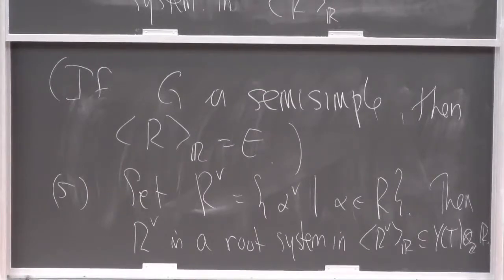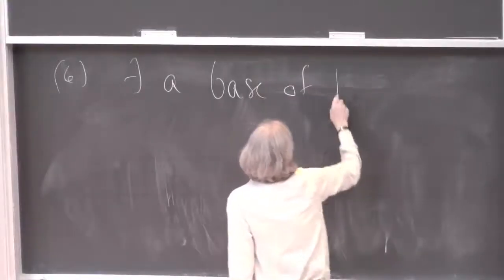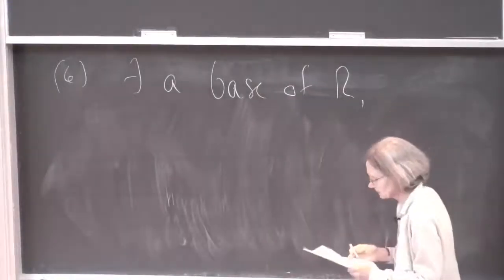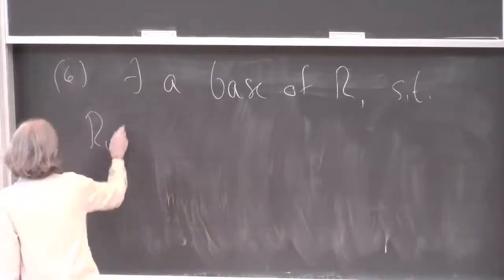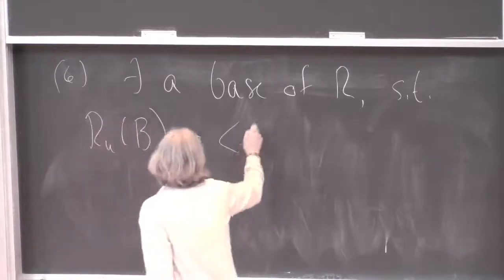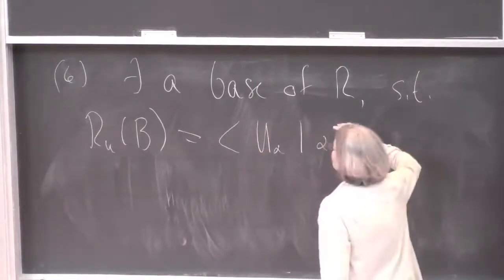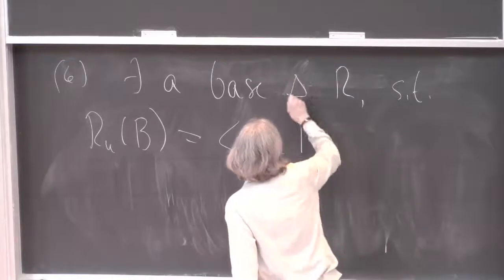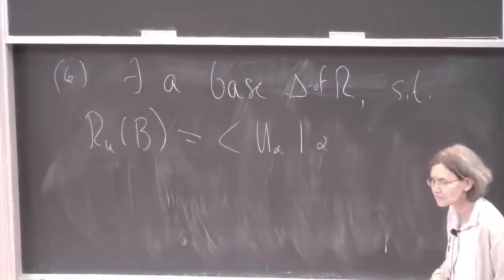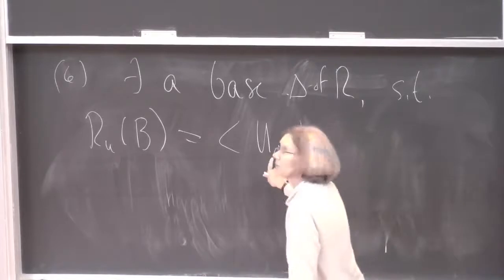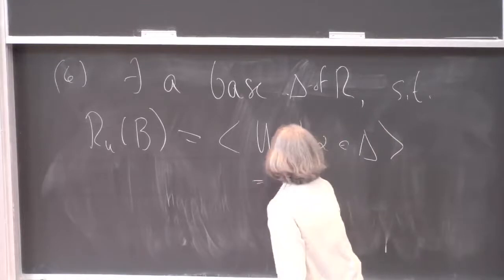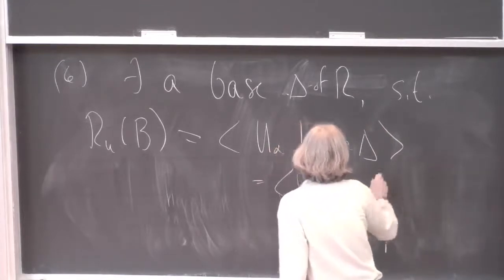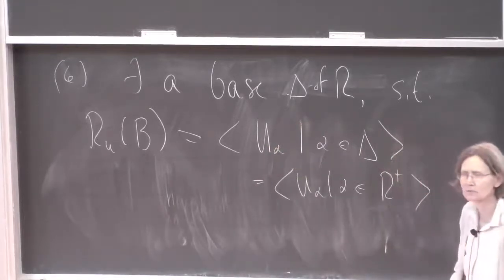So there exists a base delta of R, or a positive system, doesn't matter, such that the unipotent radical is generated by the U alpha, alpha in the base, or, if you like, alpha in the positive system that corresponds to the base. Same difference.